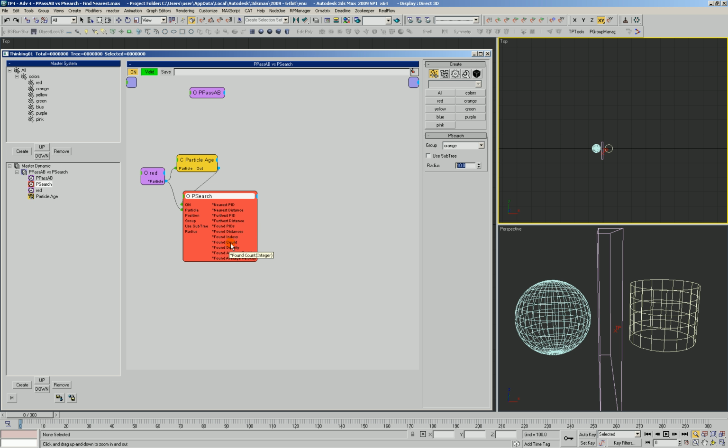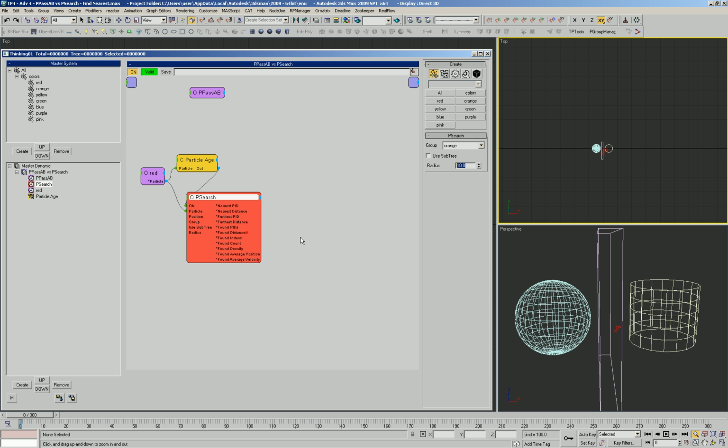Okay, some other data that it outputs, it'll tell us the found, this should be indices, but indexes. So this will tell us the current integer number, zero based, of the total count that it finds. So if it finds 20 orange particles, our found count is going to be 20, but our found index is going to start off at 0, 1, 2, 3, etc. And that's going to fire off sequentially as well, and it's going to match that found PID.